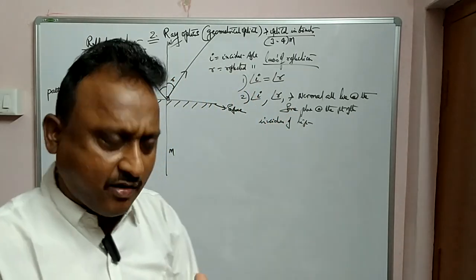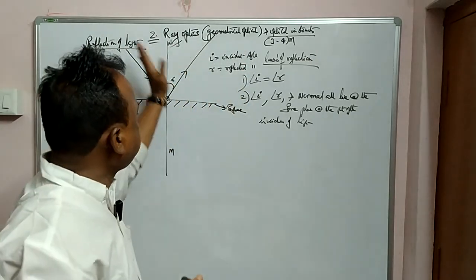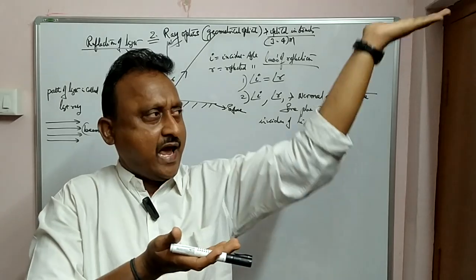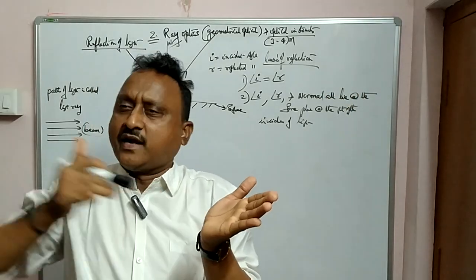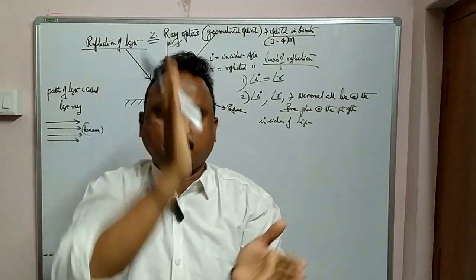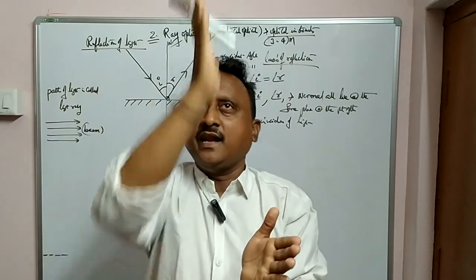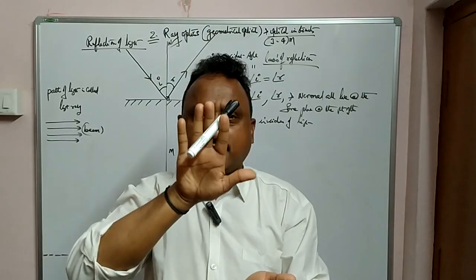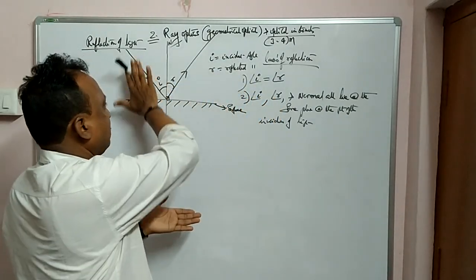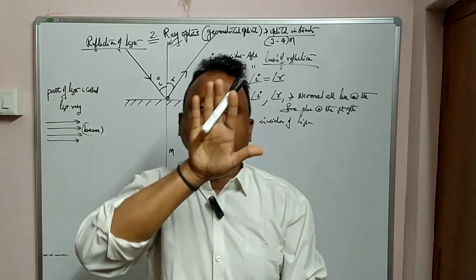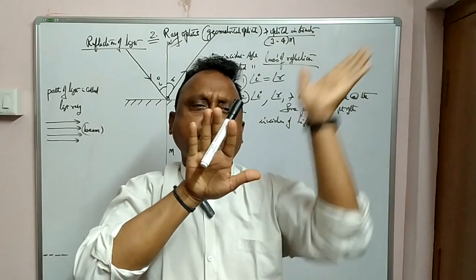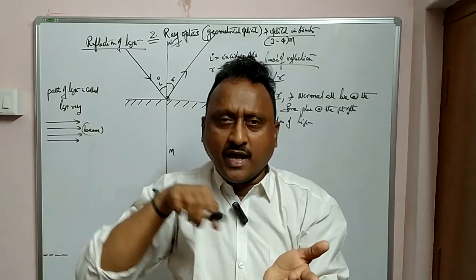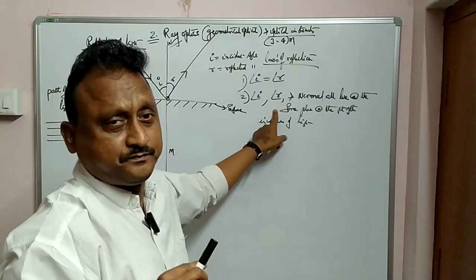You can see this is the plane here. Whatever plane, if you take this plane, the incident ray, reflected ray and normal at the point of incidence all lie in the same plane. That is the second law.